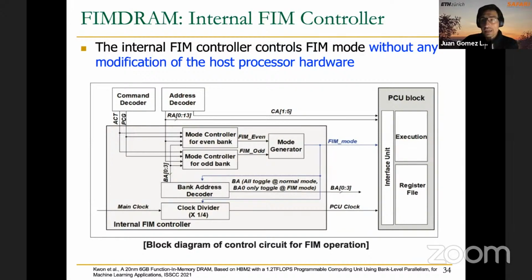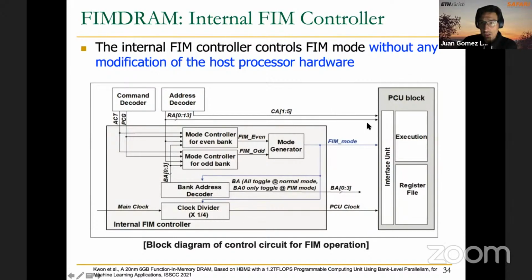So the key mechanism that enables that is this internal FIM controller that controls the FIM mode without any modification of the host processor hardware, of the memory controller, or any other component. I don't want to go into the details of this control circuit, but here you can identify the PCU block.